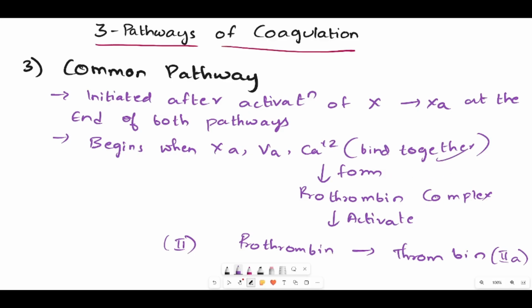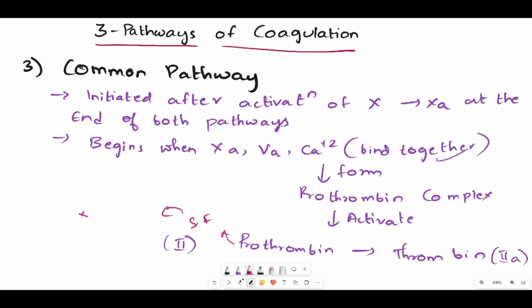Now this complex will further activate prothrombin to thrombin, which is factor 2 to factor 2A. So once the prothrombin complex activates prothrombin to thrombin, this will further cleave the stabilizing factor.